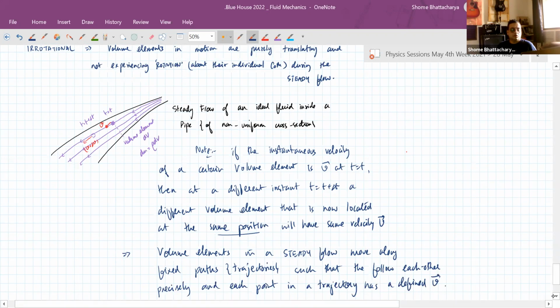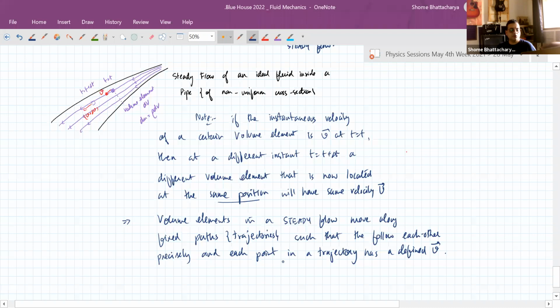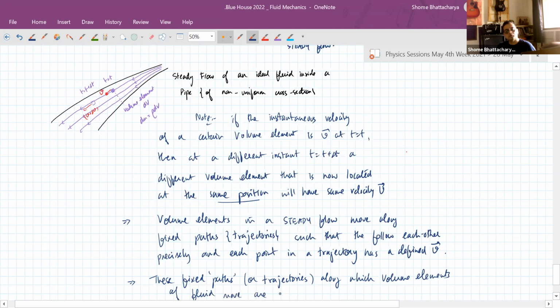So these trajectories or fixed paths along which the fluid elements move are called the streamlines, and hence the motion is called streamline motion or streamlined flow.